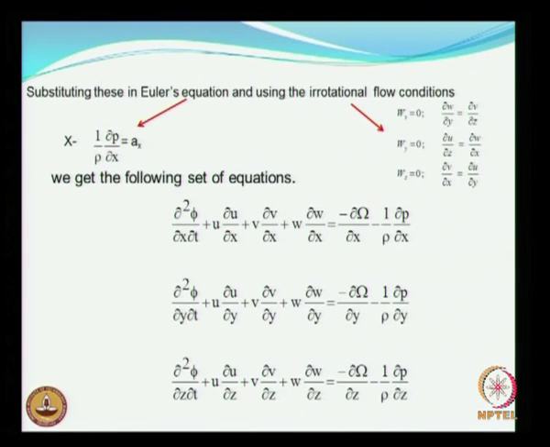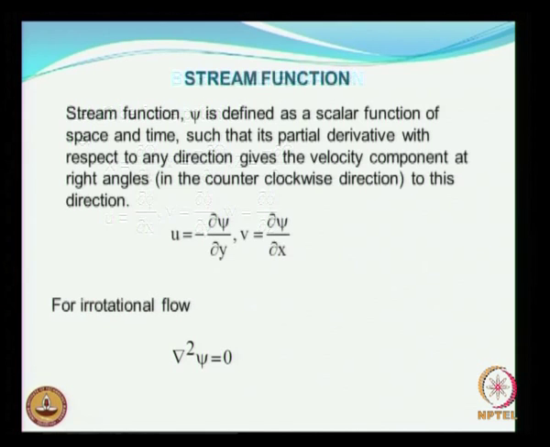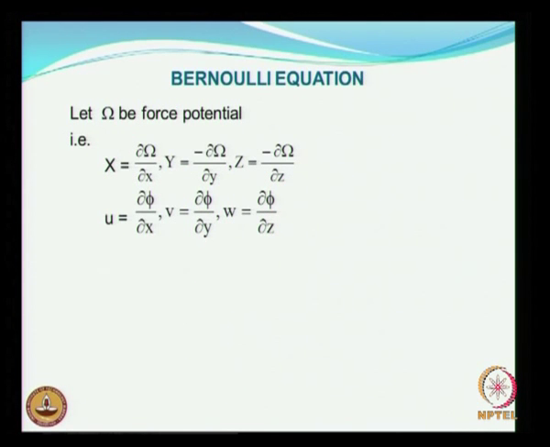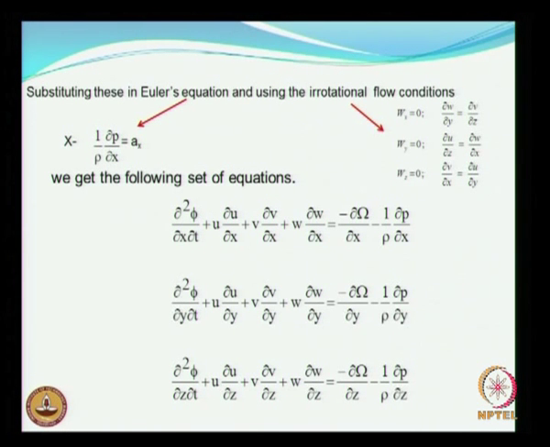Now substituting all these things in the Euler's equation of motion, and also adopting the irrotational flow conditions, we can get a set of equations as shown here in the x direction, y direction and z direction.